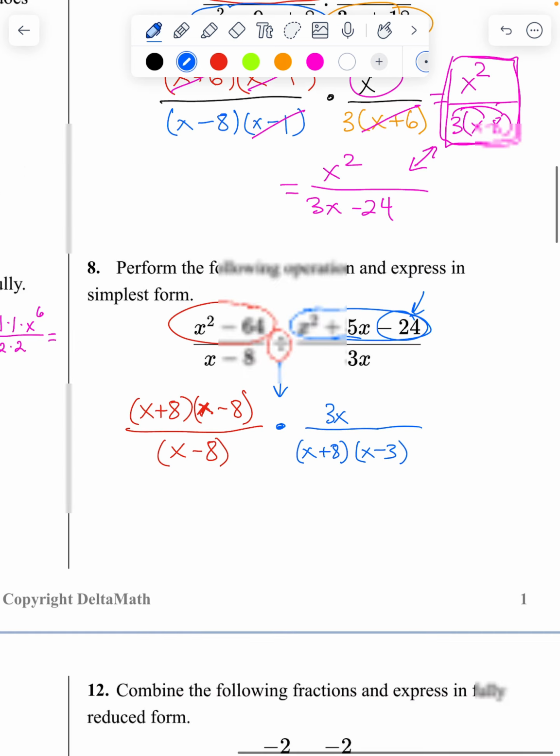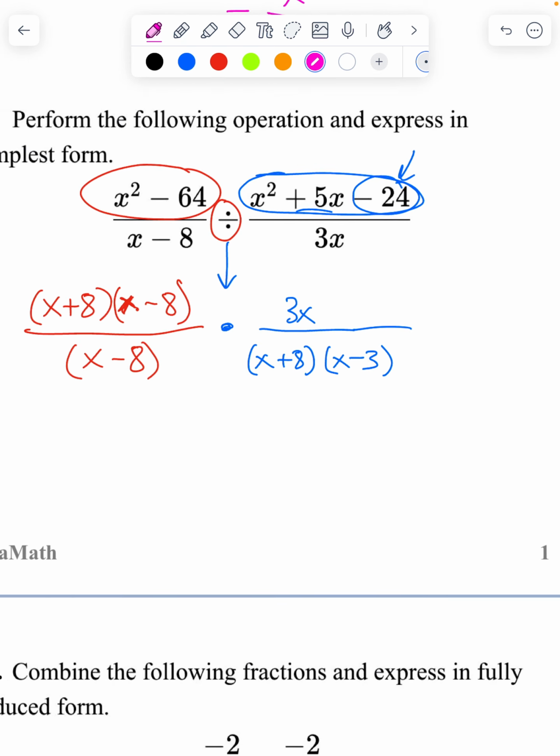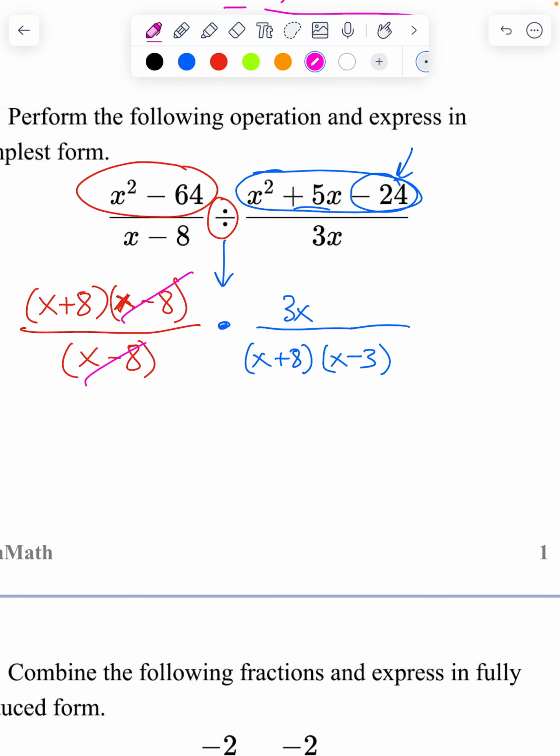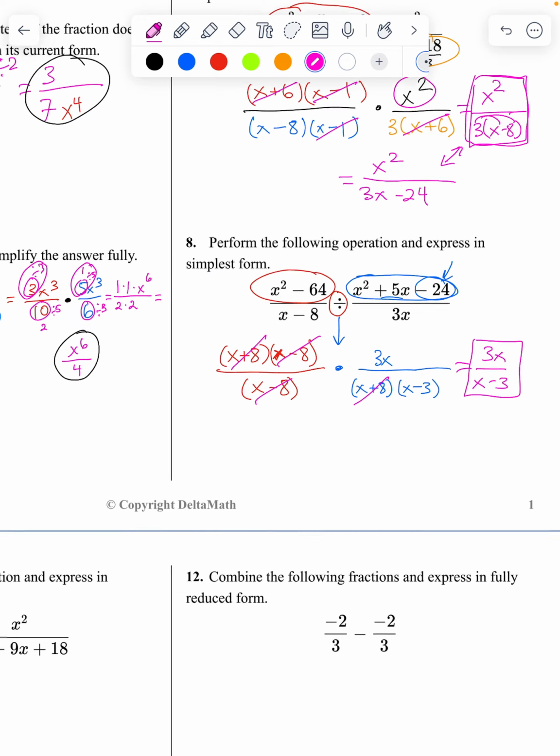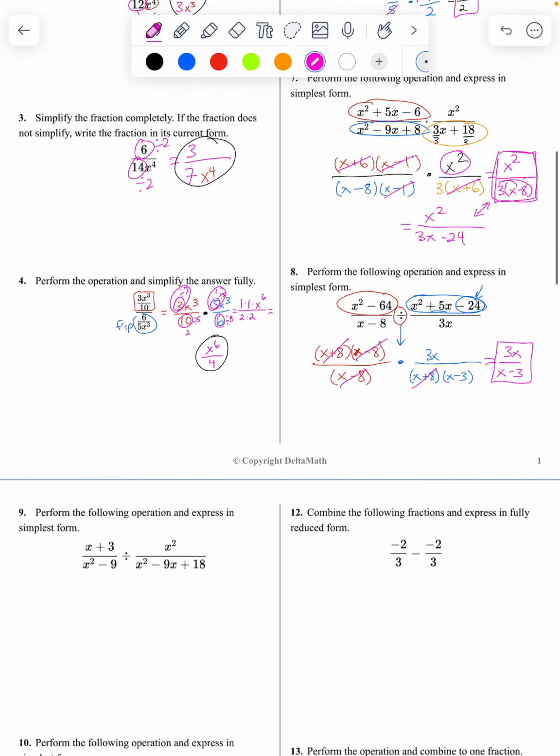So now I'm just going to cancel things that are on the top and bottom. I've been using that pink color. So the x minus 8's go, the x plus 8's go. The only thing I'm left with is 3x on the top and x minus 3 on the bottom. All right, so that's the first 8 problems.